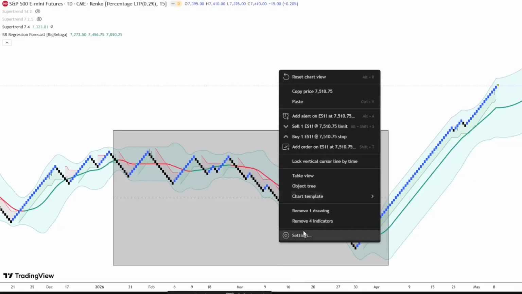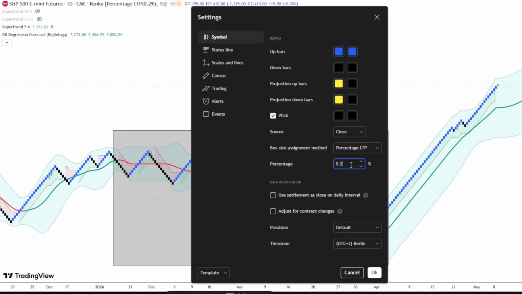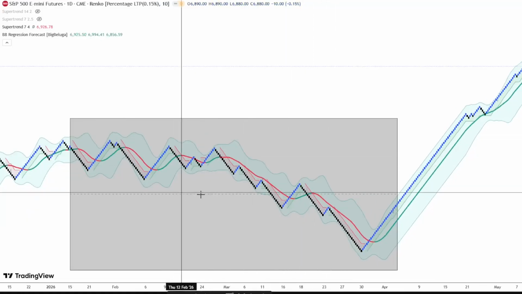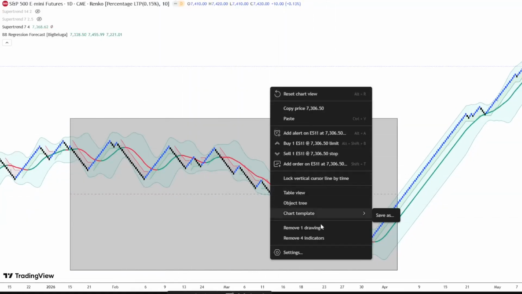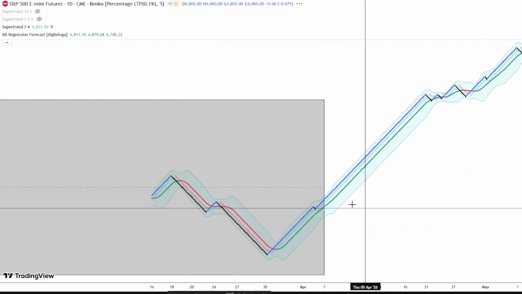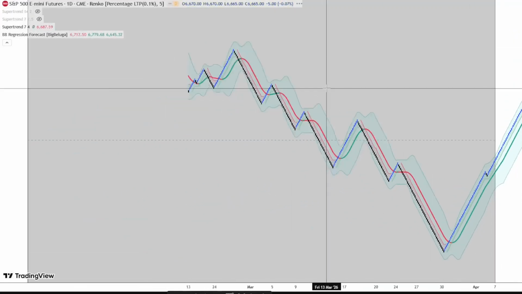You can always lower the percentage, for example 1.5, or 1.5 for example you can use. So this is even more blocks, or if you want you can just use 1. So this is really too many blocks, as you can see here.